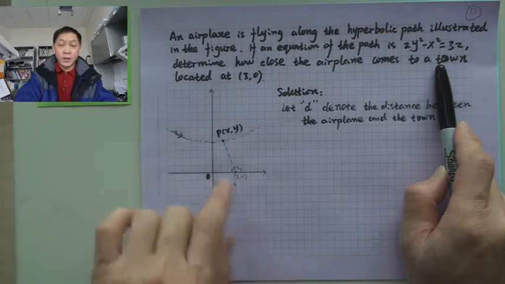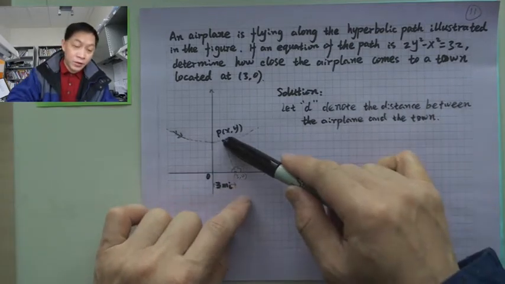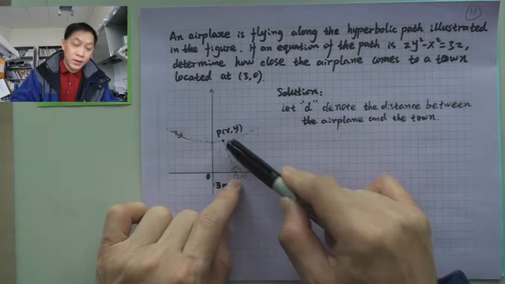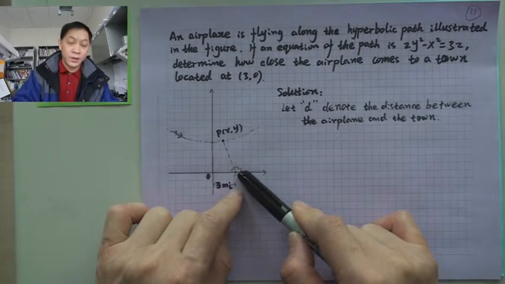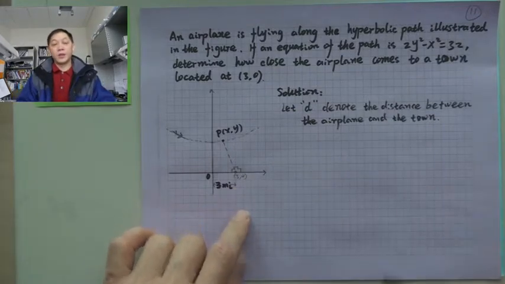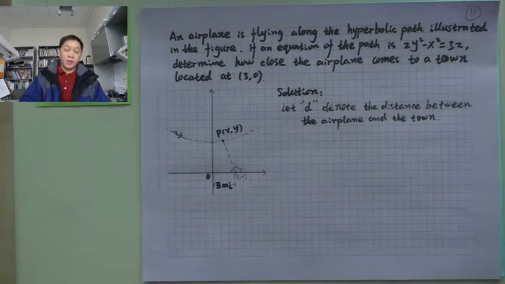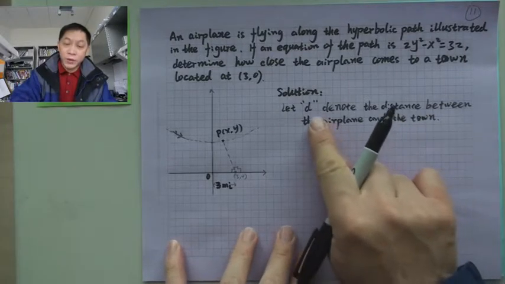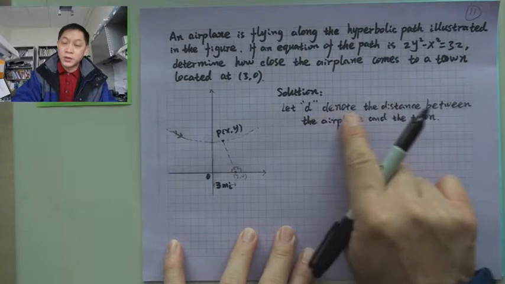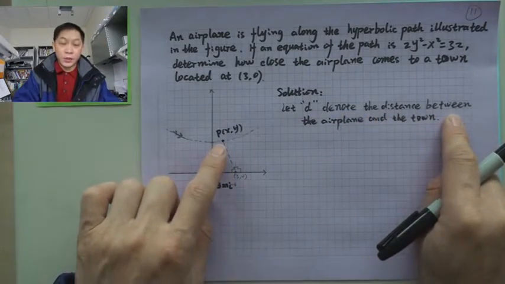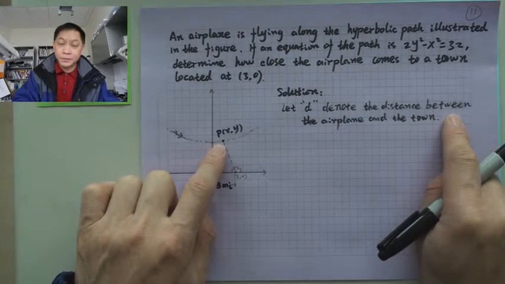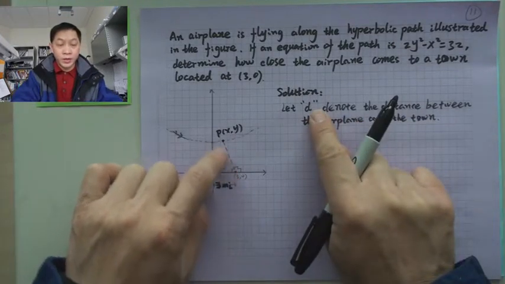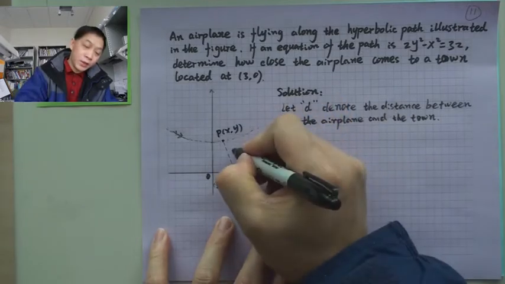So we are asked to find the minimum distance between the point P and this town (3, 0). If we let D denote the distance between the airplane and the town, then D would be this part.